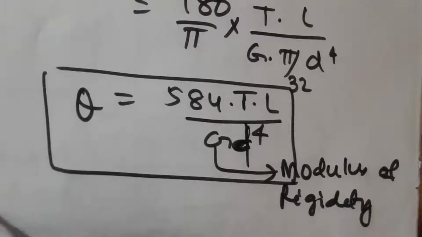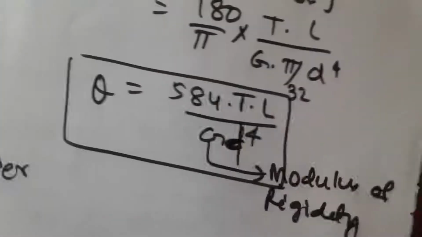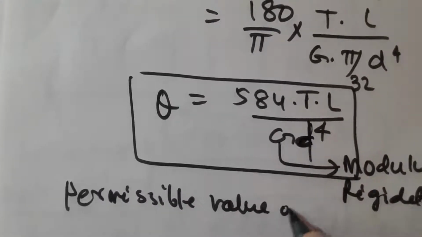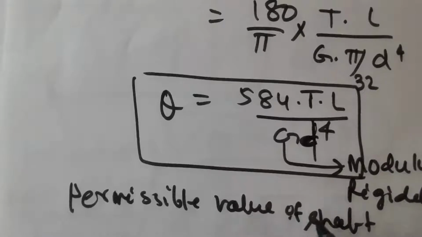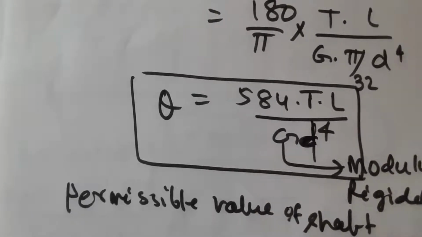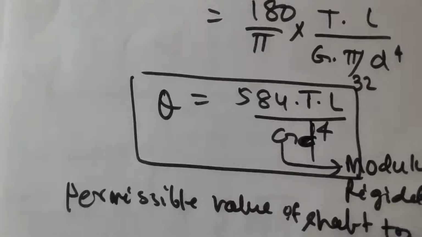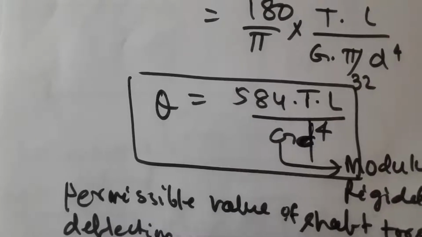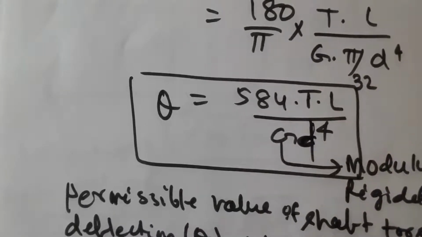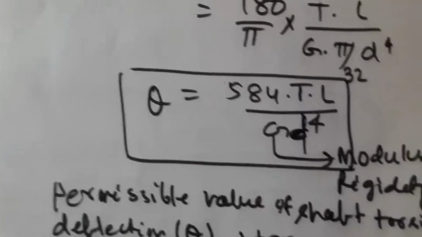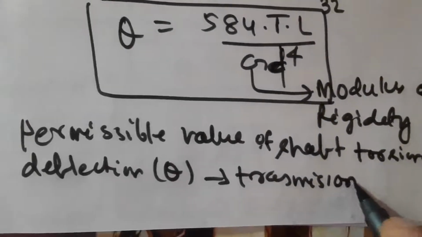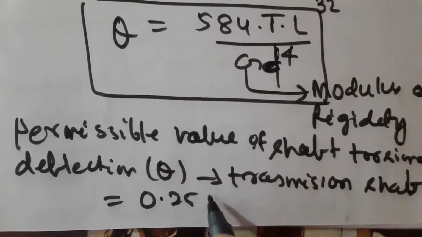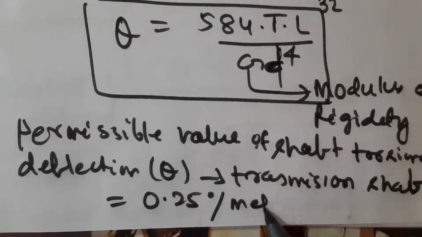So the permissible value of the torsional rigidity, deflection theta for transmission shaft is equal to 0.25 degree per meter length.